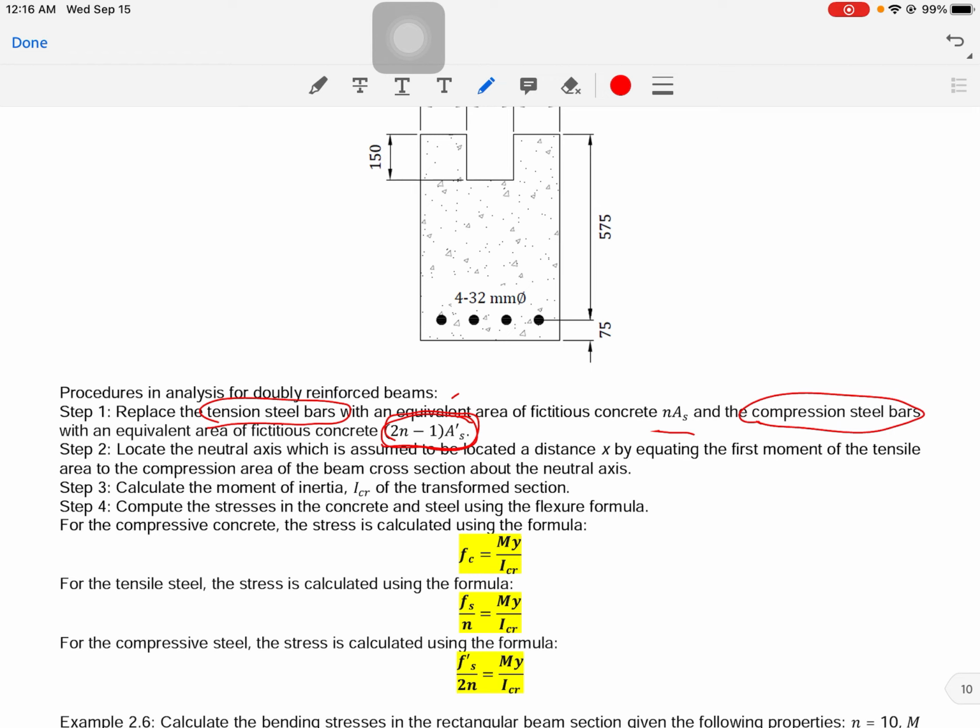Okay, so as a consequence of this creep in the concrete, the stresses in the compression bars computed by the transformed area method are assumed to double, as time goes by. The transformed area of the compression bar is assumed to equal n times their area As prime.